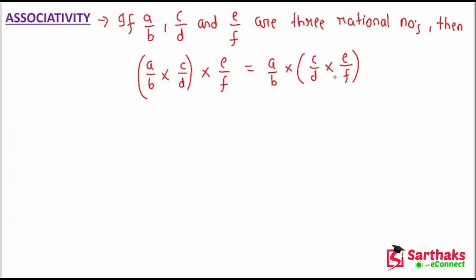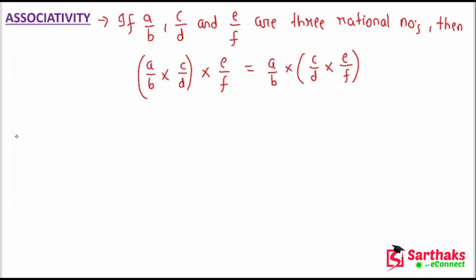If you multiply C upon D into E upon F first and then multiply it with A upon B, then also we will get an answer, and both the answers would be the same. No matter which two numbers you multiply first, the final product will always be the same. Okay, it is very easy.